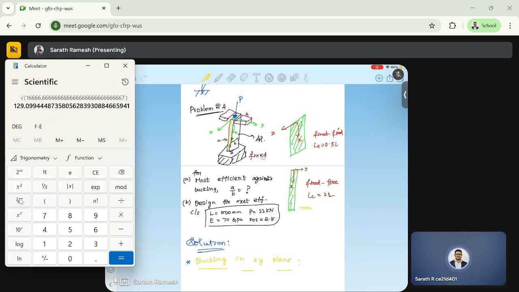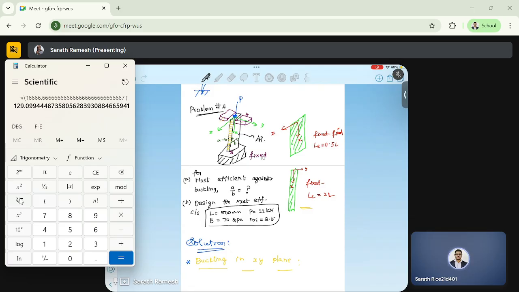For this plane, if I want buckling, these two will act as restraints. So this is not free. We'll say it is hinged, or pinned.